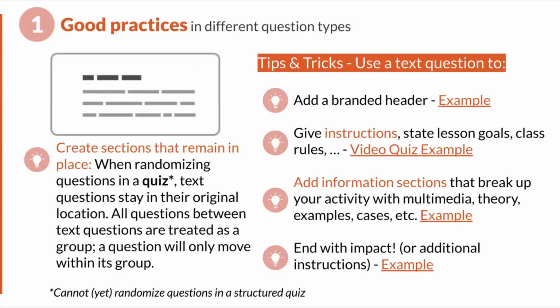So you can create sections. A text question will make section one, have section one's questions, then do another text question for section two. Now, why might you want to do this? If you create sections, you can randomize those questions between those text questions. It means that those 10 questions will be randomized within that section, because they will be treated as a group.